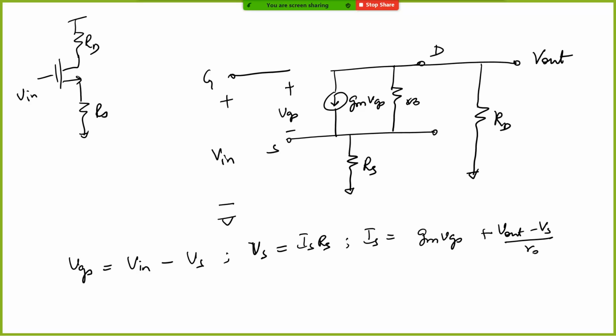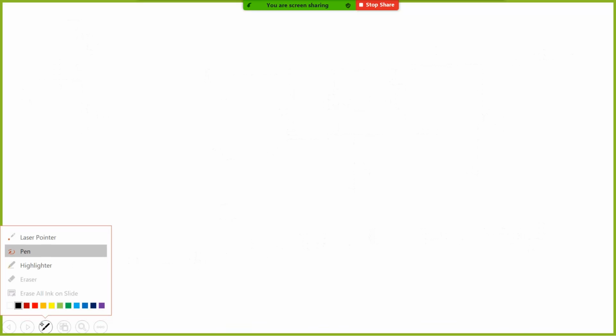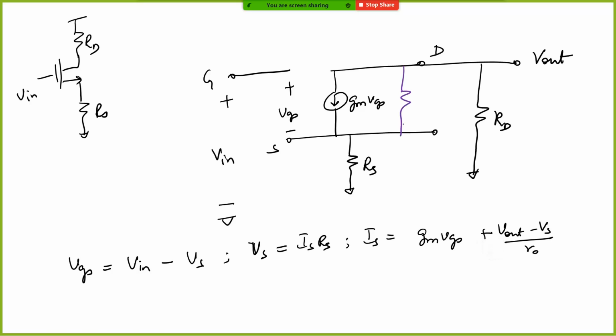In this case, you can assume that R0 is much greater than RD, and that simplifies things, so we are neglecting the effect of R0. So neglecting R0, Is is nothing but GM times VGS.